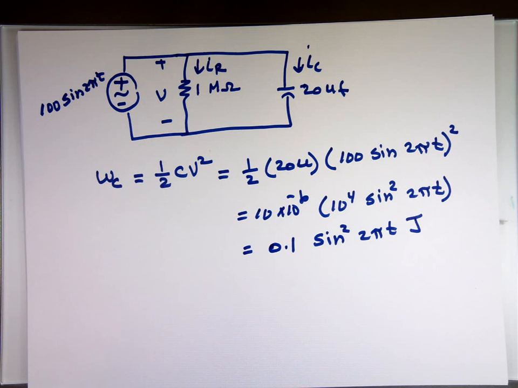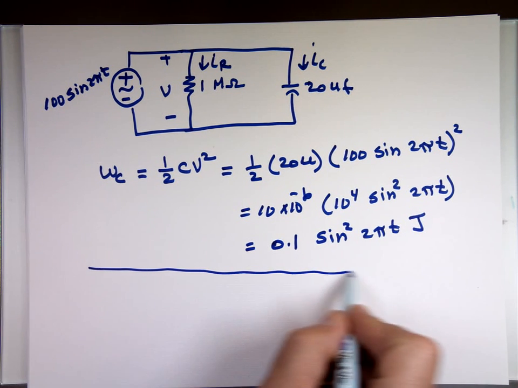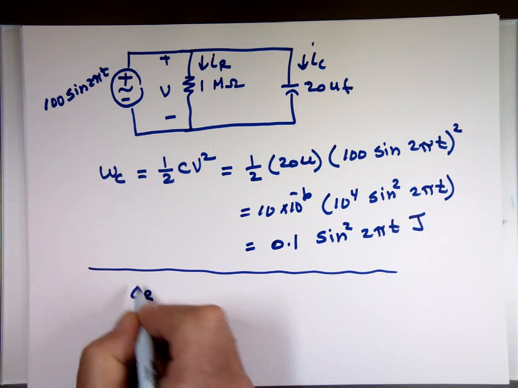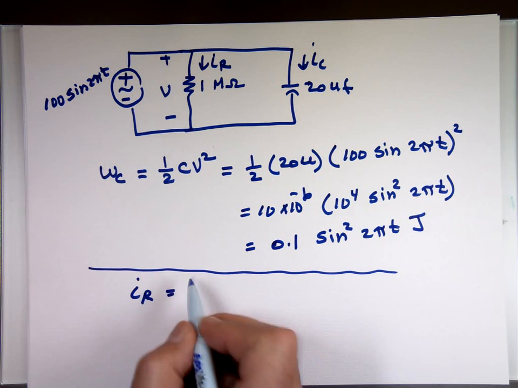The next question is, how much energy is dissipated in the resistor? Let's look at the resistor and calculate the current through it. The current is the voltage divided by 1 mega.